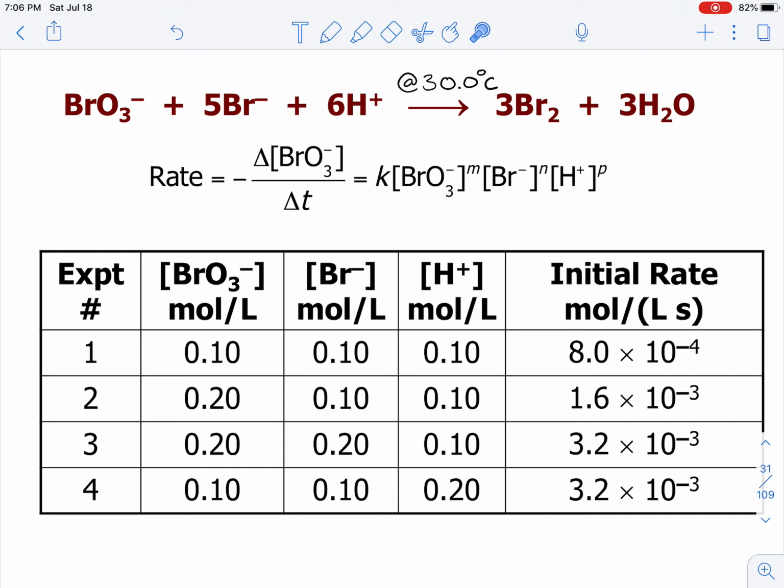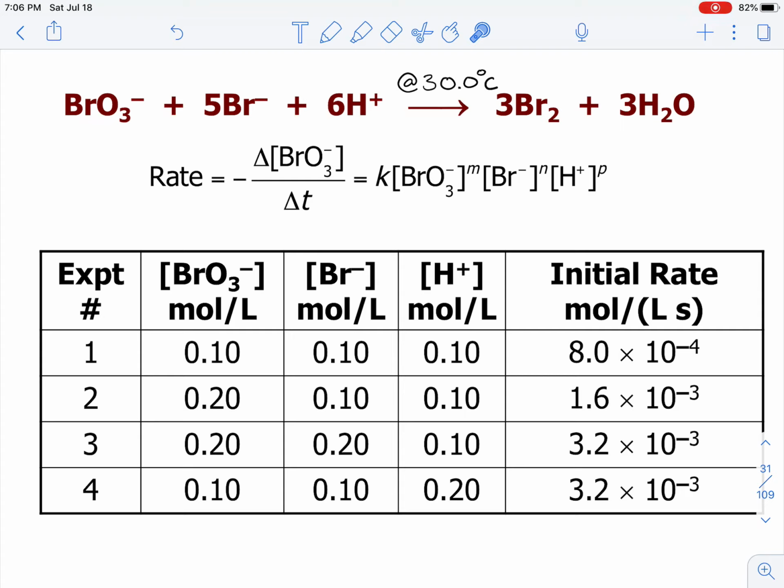In the previous lecture video, we learned how to determine the complete rate law from a given set of kinetic data that contains only two reactants. In this lecture video, we will learn how to determine the complete rate law for a chemical reaction that has three reactants.